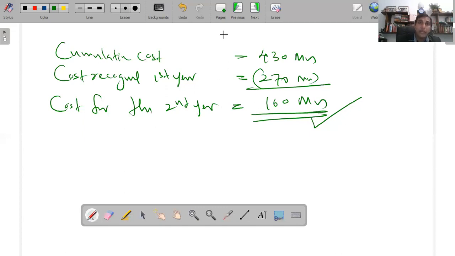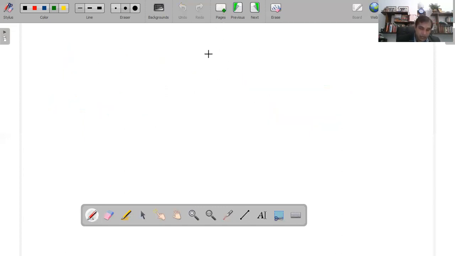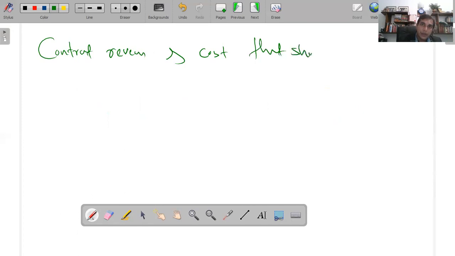Now I would be moving on to the contract revenue and cost that should be recognized at the end of the third year.